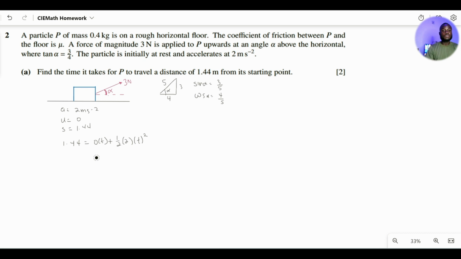So using s equals ut plus half at squared, we can calculate the time it takes the particle to travel a distance of 1 meter from its starting point.